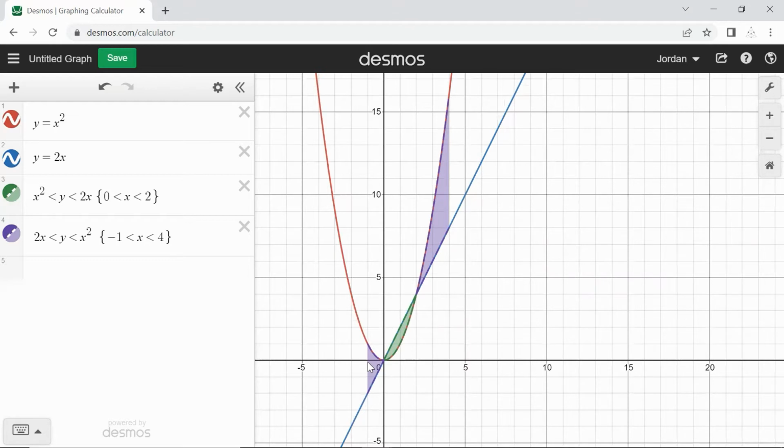From -1 to 0, x squared is on top. From 0 to 2, 2x is on top. And from 2 to 4, x squared is on top. That means we're going to have to create 3 definite integrals, and calculate each.